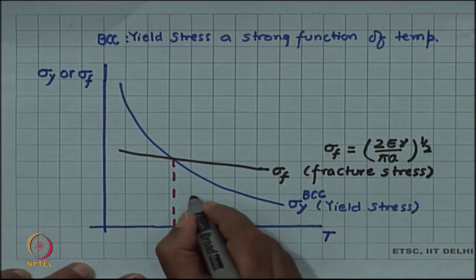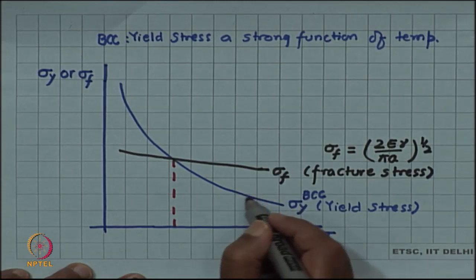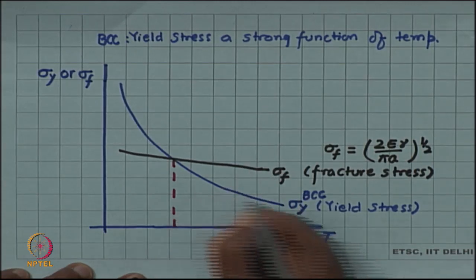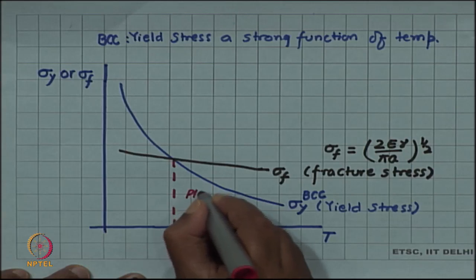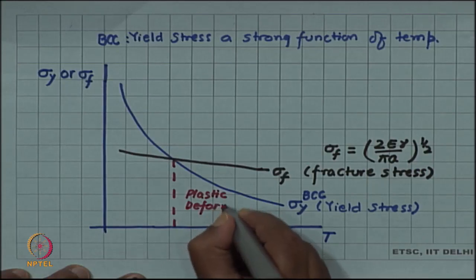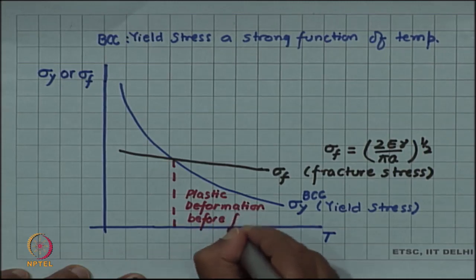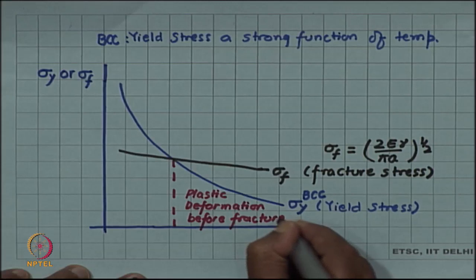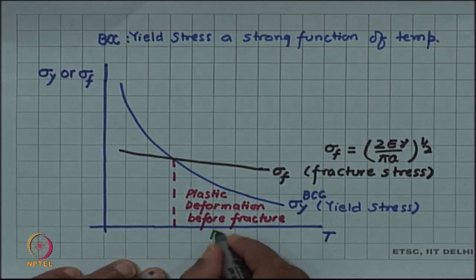So, here yielding will precede fracture. So, plastic deformation precedes fracture. So, this means this regime is the ductile regime.